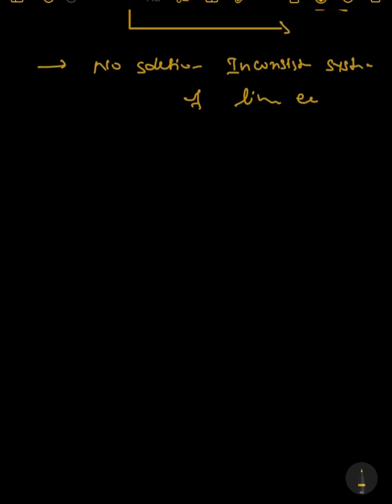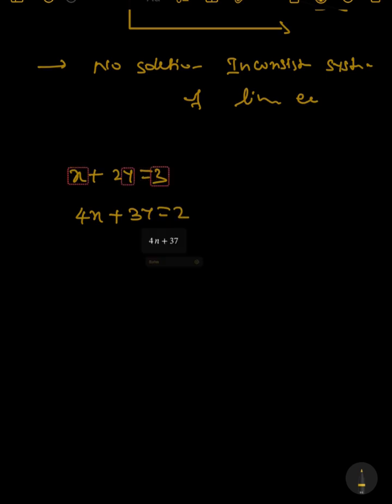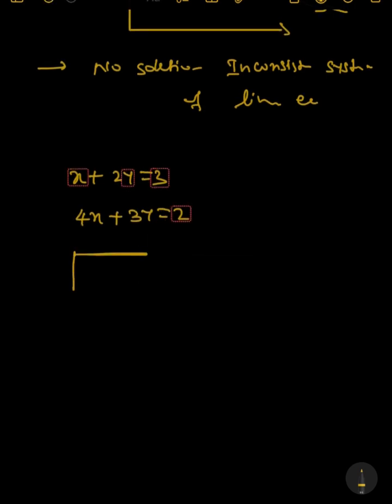Now I am taking one example, and from this we will conclude. Suppose one example is like this, equal to 2. Okay, so we will draw a table like this, with x here and y here.